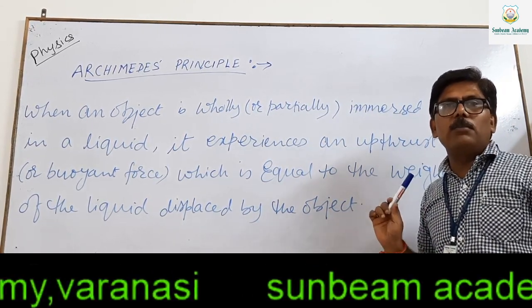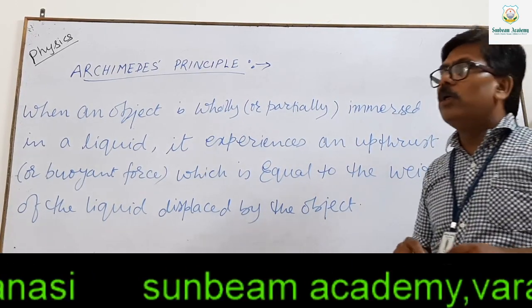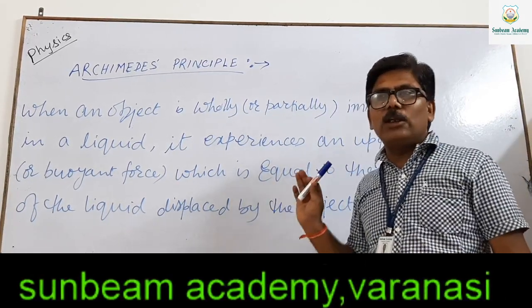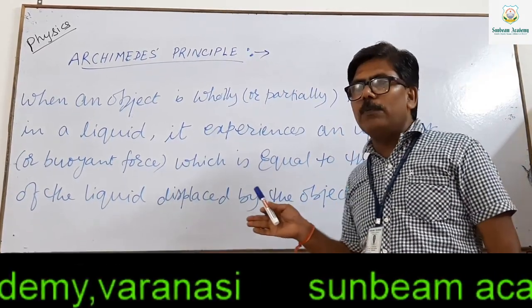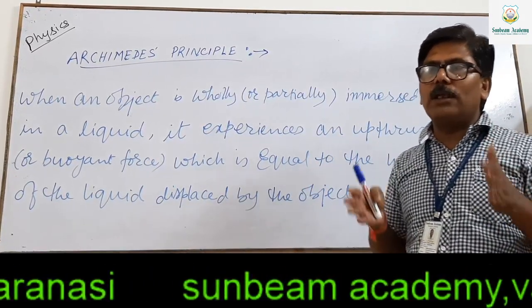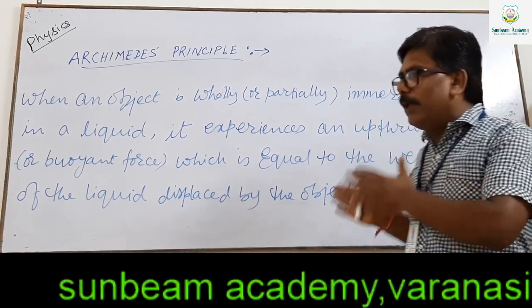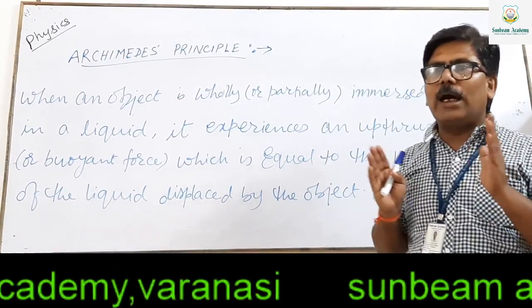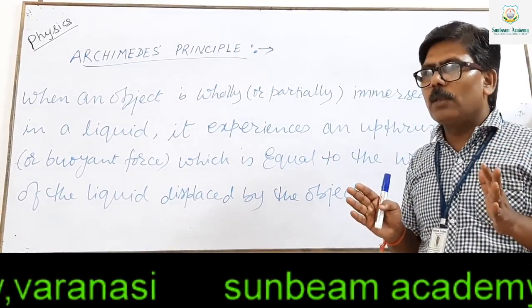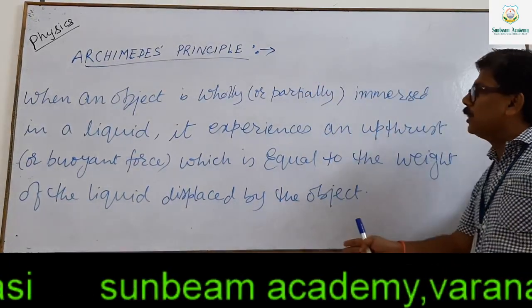This is called Archimedes principle. Now, there is an experimental verification also of this Archimedes principle. How you will do the experimental verification, I will explain here. Later on, you will do it in the laboratory. First, you note down this principle.